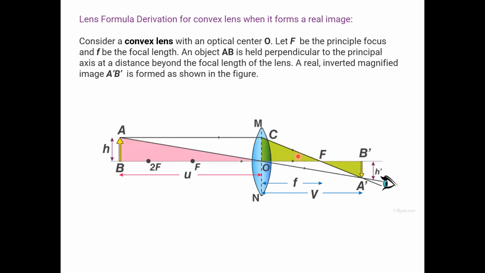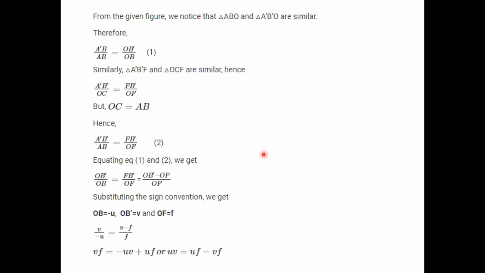So these two triangles are similar triangles. If these are two similar triangles, then you can take the ratio of sides, that is A dash B dash by CO or OC equal to FB dash by OF.